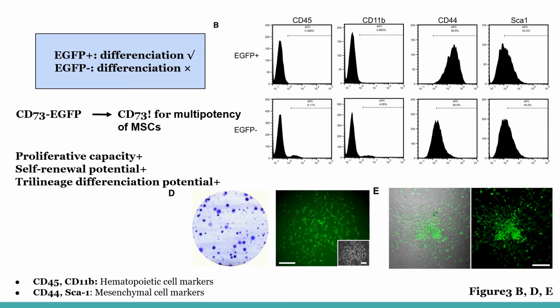As shown in this figure, all these colonies express EGFP, and these cells can also give rise to colonies expanded by passaging, which shows the self-renewal potential of these cells, as shown by Figure E, enhanced GFP fluorescence in the colony.